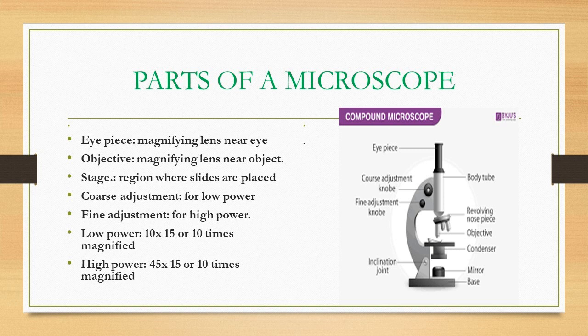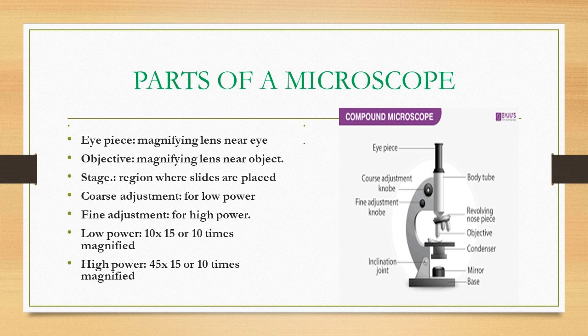When both of these lenses magnify together, the low power has a magnification of 10 into 10, or 10 into 15, or 15 into 15. The high power lens magnification reaches up to 45 into 15 or 45 into 10. So that tells you how small the cells that you see under the microscope are.